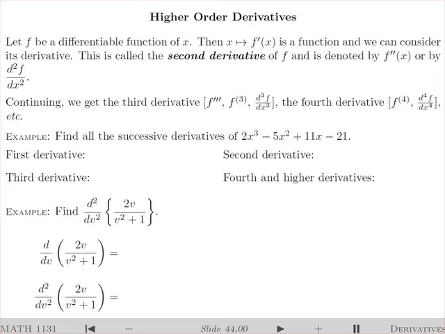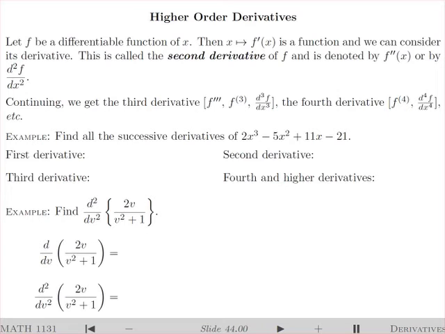So with third and higher order derivatives, the convention is to put the number of times we differentiate in numerals. So the third derivative I will write as f and then 3 inside parentheses as a superscript. Fourth derivative will be f, 4 inside parentheses as a superscript, and so on.